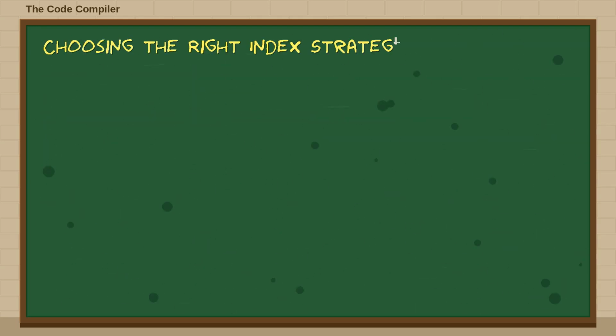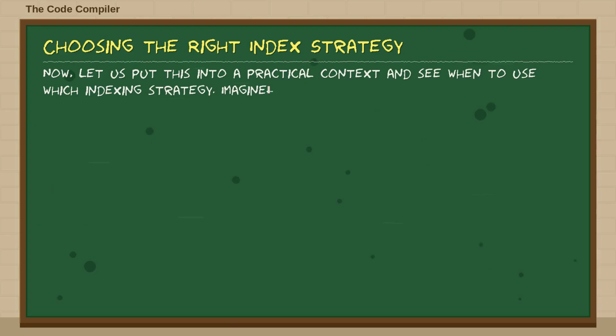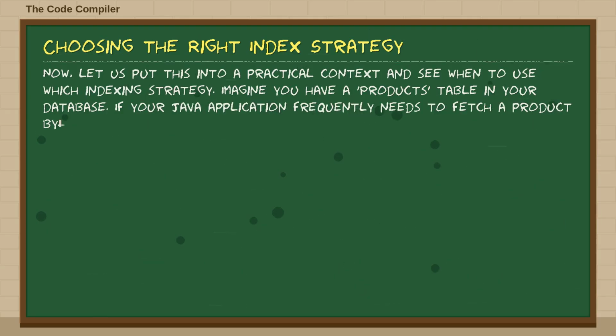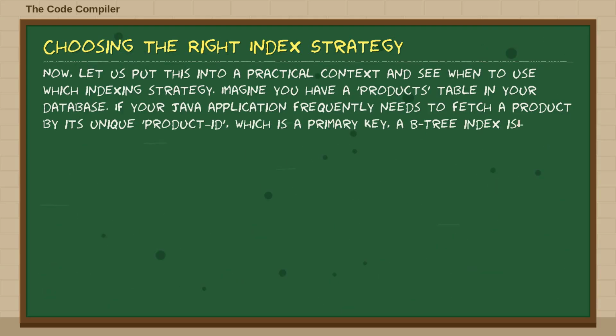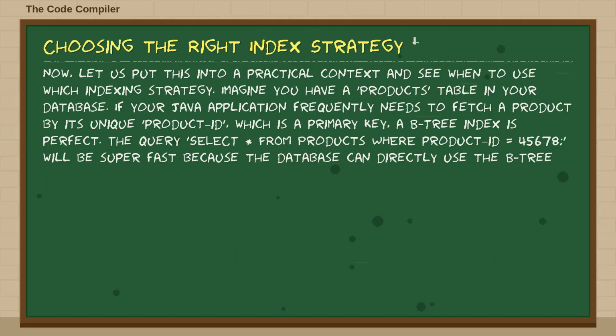Now, let us put this into a practical context and see when to use which indexing strategy. Imagine you have a products table in your database. If your Java application frequently needs to fetch a product by its unique product_ID, which is a primary key, a B-tree index is perfect. The query select asterisk from products where product_ID is equal to 45,678 will be super fast because the database can directly use the B-tree index on product_ID.